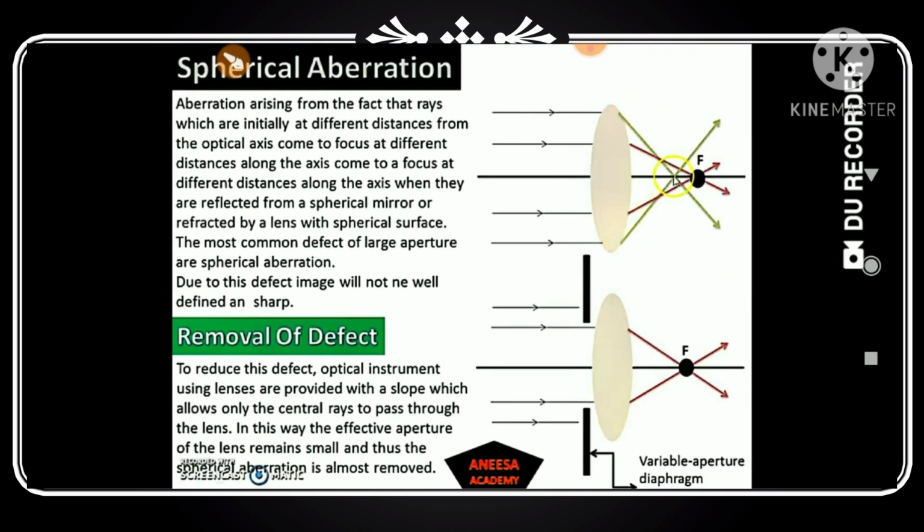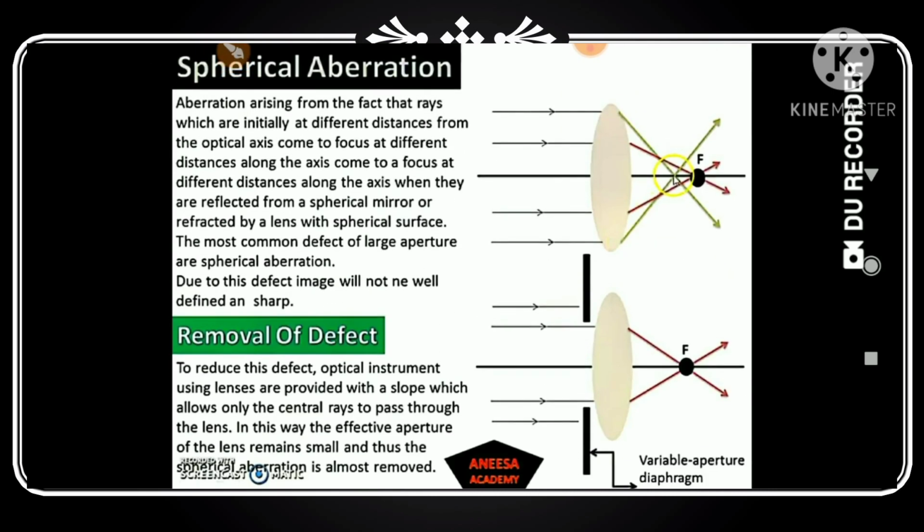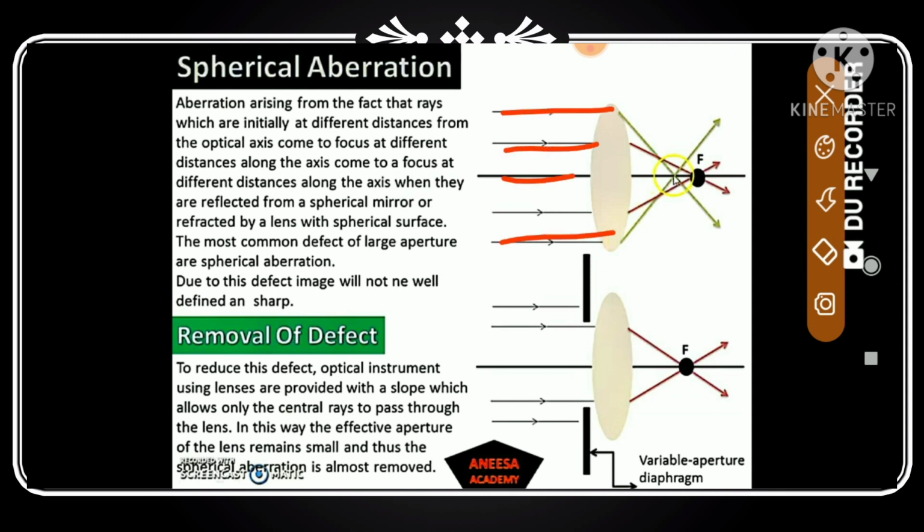Next one is the spherical aberration, the second important type. It is an aberration arising from the fact that rays which are initially at different distances along the axis come to a focus at different points. When the rays of light pass through these lenses, we get the image at different focuses.